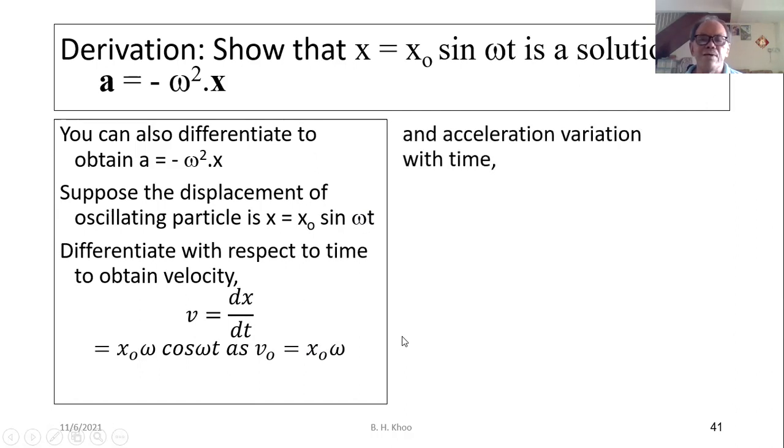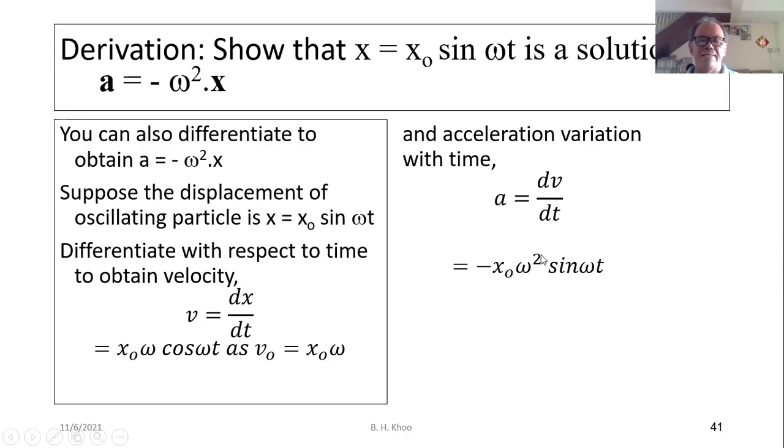Then you want acceleration. How does the acceleration change with time? We differentiate the velocity. So this is the velocity. Differentiate it again. x naught omega, differentiate cos omega t becomes minus sine omega t. And differentiate omega t, we get omega. So that is x naught omega times omega, so there's another omega.